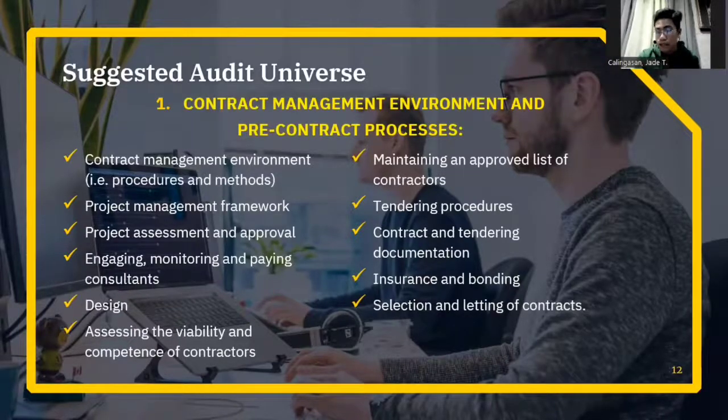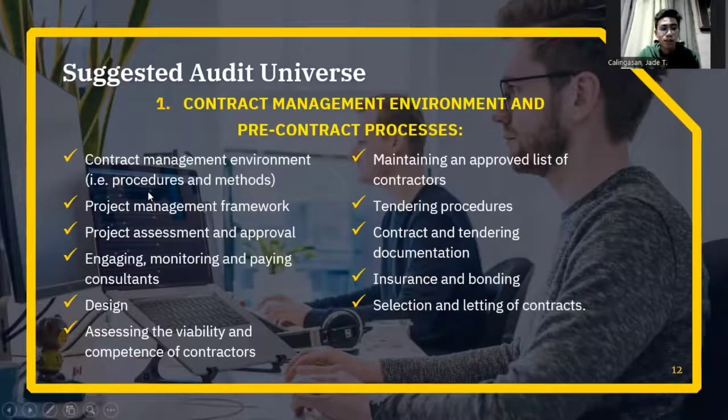The first is the contract management environment and pre-contract processes. Yung mga subtopics niya nga is yung contract management environment.